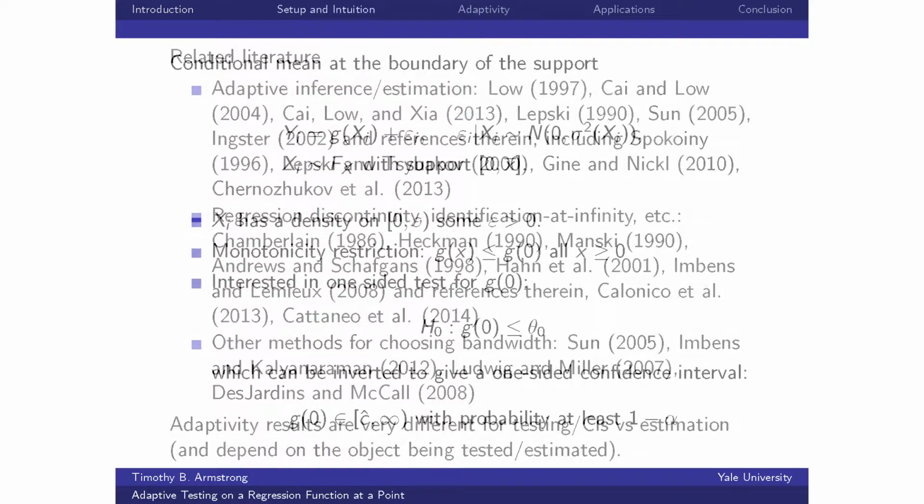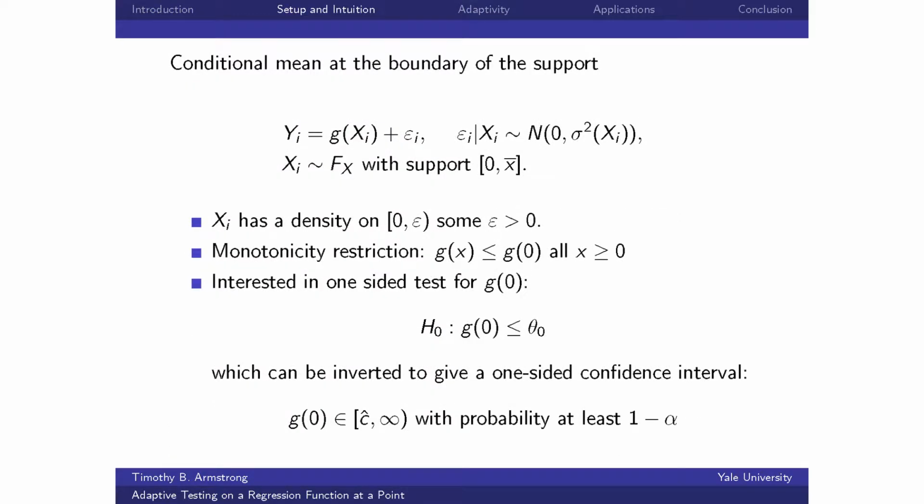Here's the formal setup. We're interested in inference on a conditional mean at a point that's at the boundary; for now we'll just assume that it's at the boundary of the support. This is a very idealized setup. You can relax all of these normality assumptions and so forth.